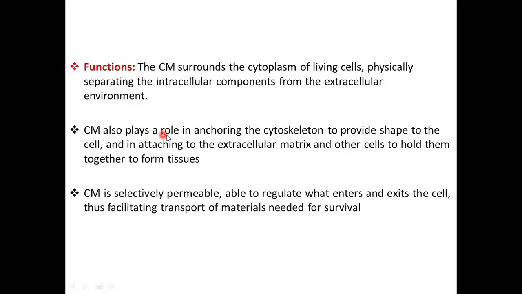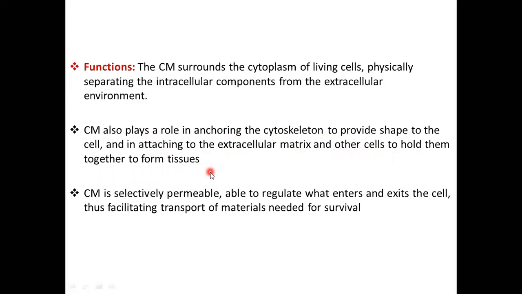Next, the cell membrane plays a role in anchoring the cytoskeleton to provide shape to the cell, and in attaching to the extracellular matrix and other cells to hold them together to form tissues.